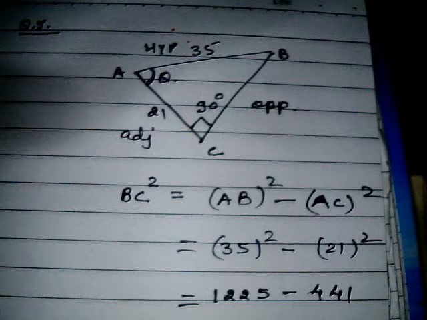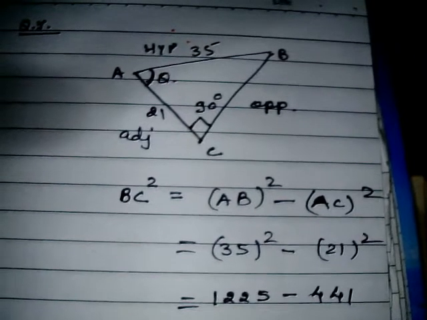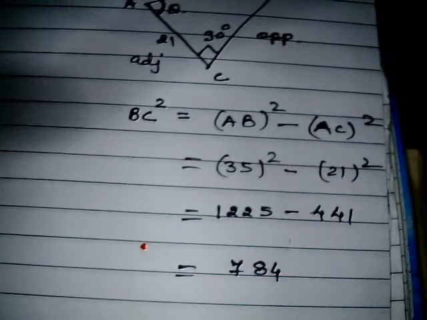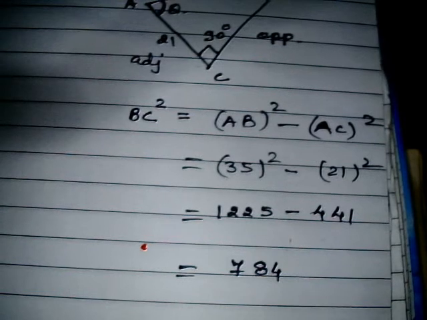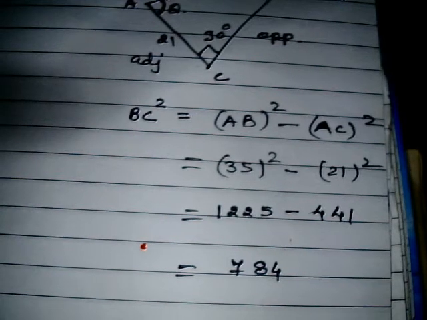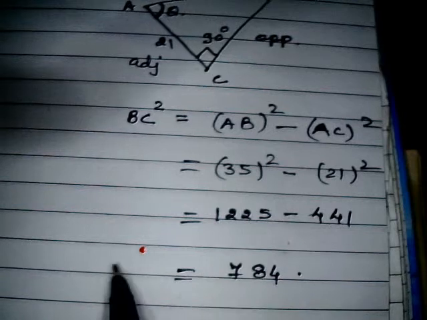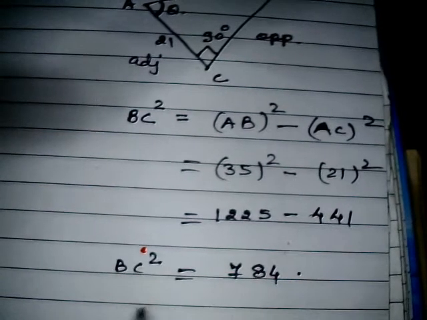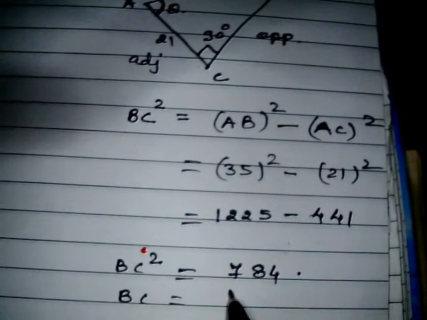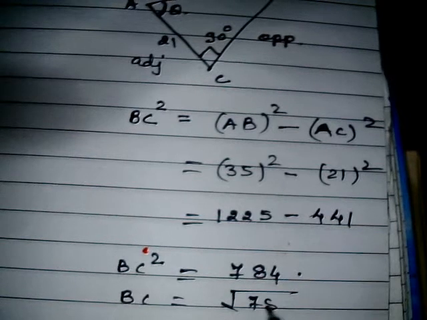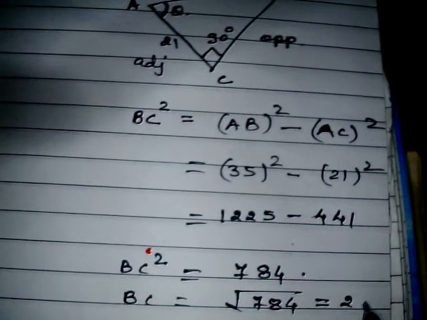Okay, 784 is the square of which number? I need to calculate that. Because here it is BC square, BC equals the square root of 784, and the square root of 784 is 28. So this opposite side is going to be 28.